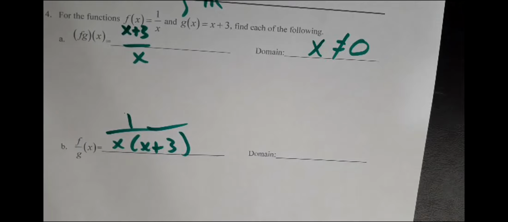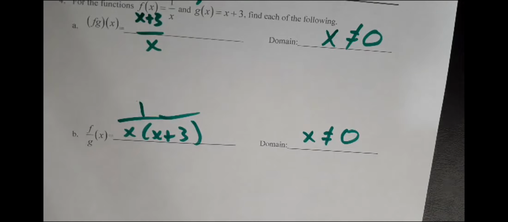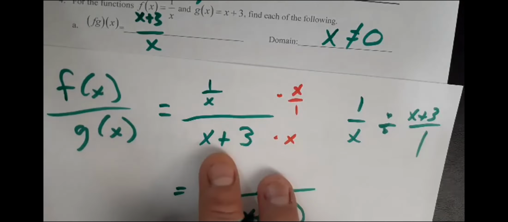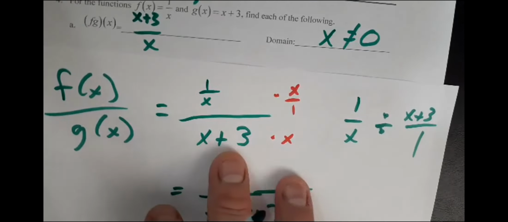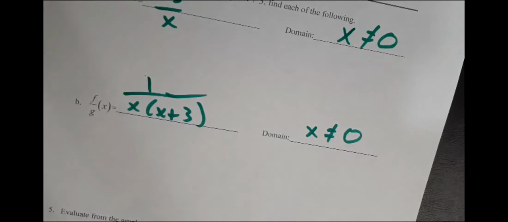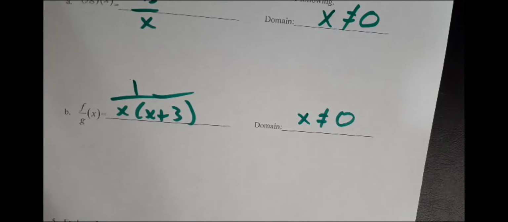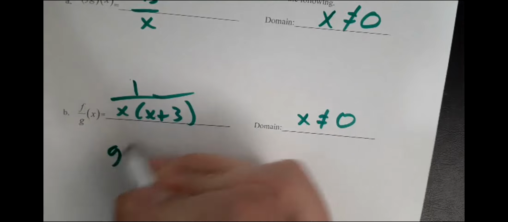Now I want to talk about my domain. My domain is still inheriting this thing where x cannot be 0. And if I look at this first step, it might be a little more obvious, but it's also here. There's another thing we can't have, and that's where my g of x is equal to 0.